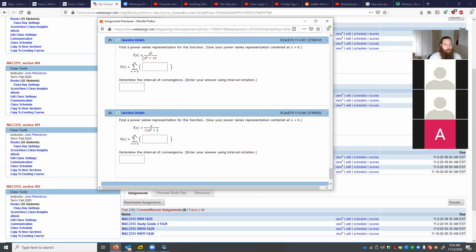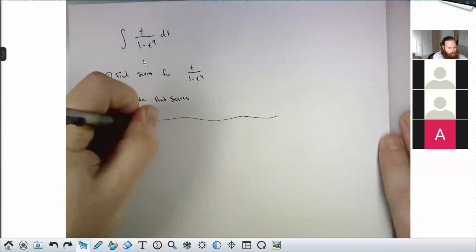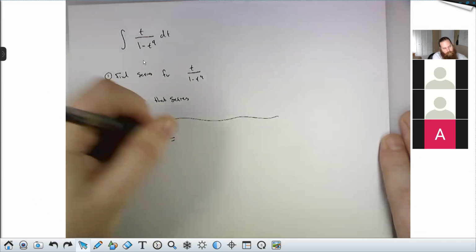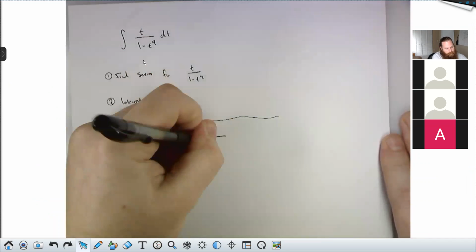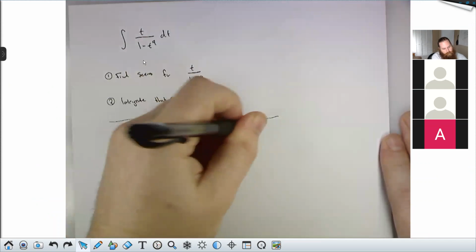So here we're getting everything from the geometric series trick. Remember, the trick to finding this series is to write it like this, and you factor out a 16.